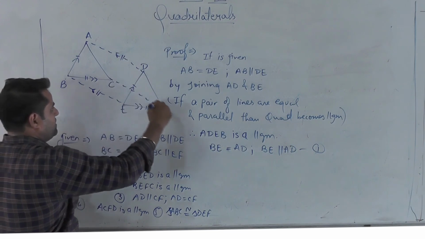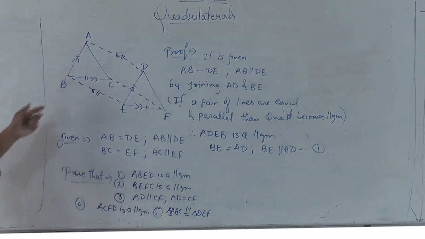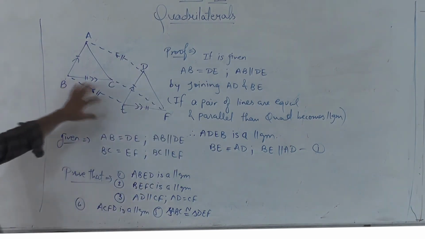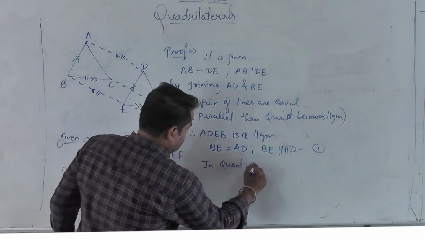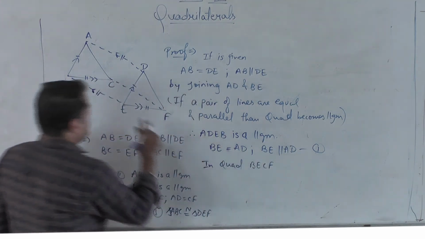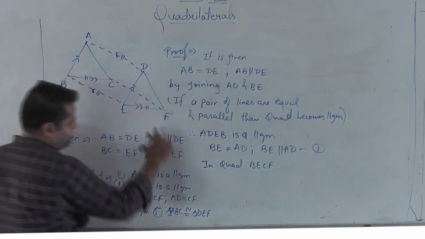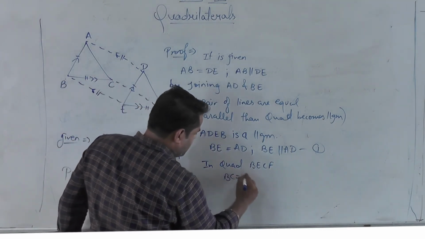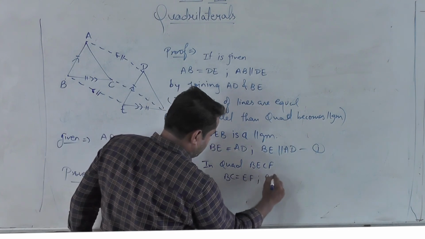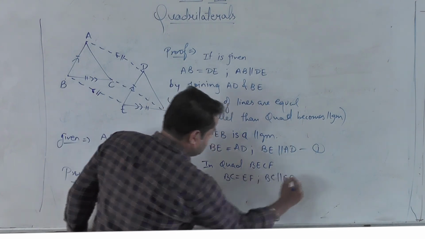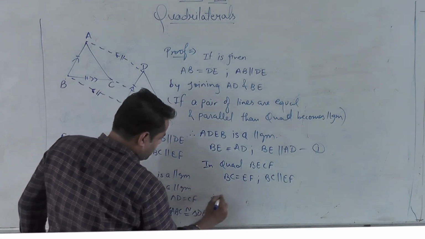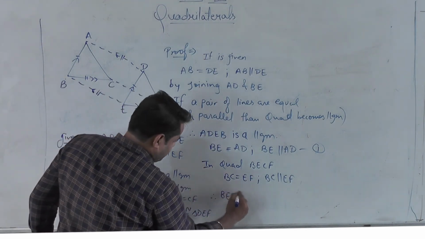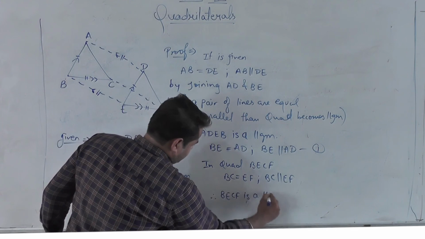Now we can join CF as well. Now we will move on to BEFC. In quadrilateral BEFC, you can see that BC and EF are equal and parallel as well. Since it has the same property, we can say that BEFC is a parallelogram.